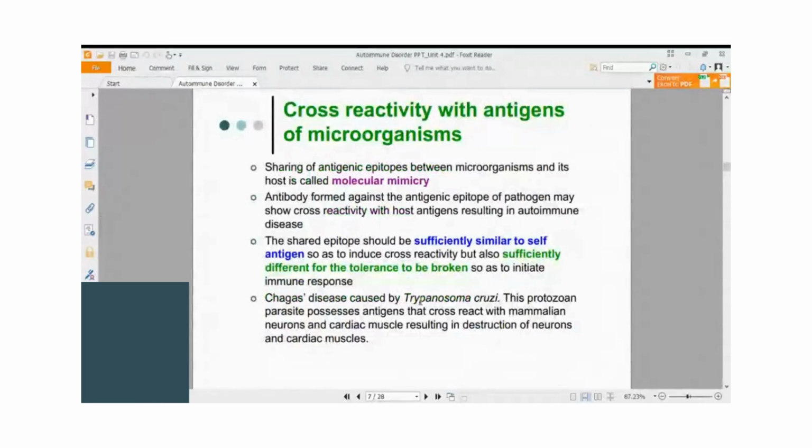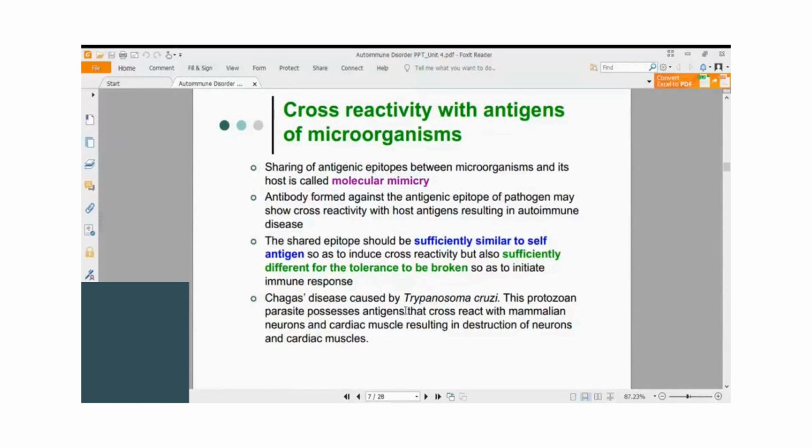When the infection takes place by this protozoan parasite, the person will suffer from a disease called Chagas disease. This protozoan parasite has antigens on its surface which are mutable antigens, which keep changing.